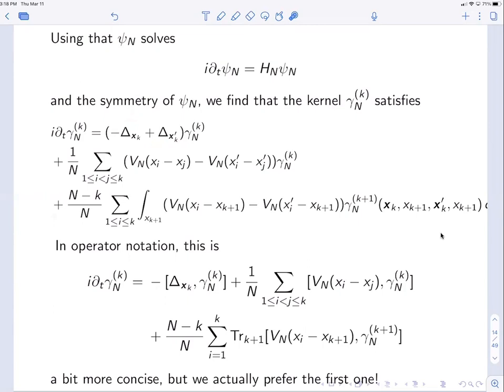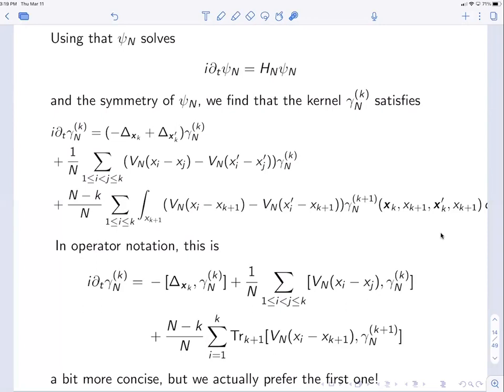As far as the interaction, the external potential has been set to 0, but for the interaction potential terms, the terms for which both coordinates x_i and x_j are less than or equal to k survive and show up in this term. And so there are on the order of k squared such terms, and there's the 1 over N coming from the operator.